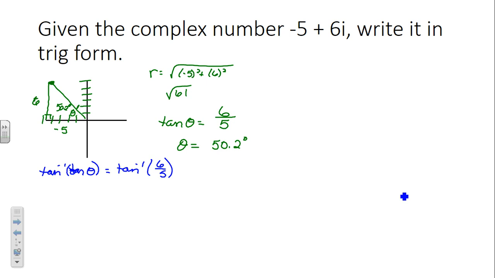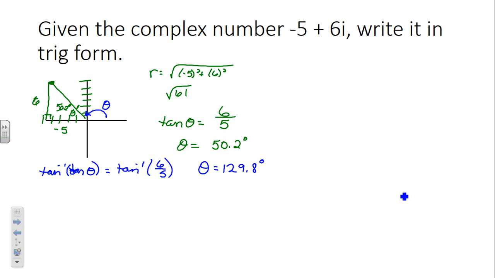But how far actually are we from the positive x-axis, our real theta? 129.8. Why is it 129.8? Yeah, we're just that much short of 180, aren't we? We didn't make it all the way to the negative real axis, right?